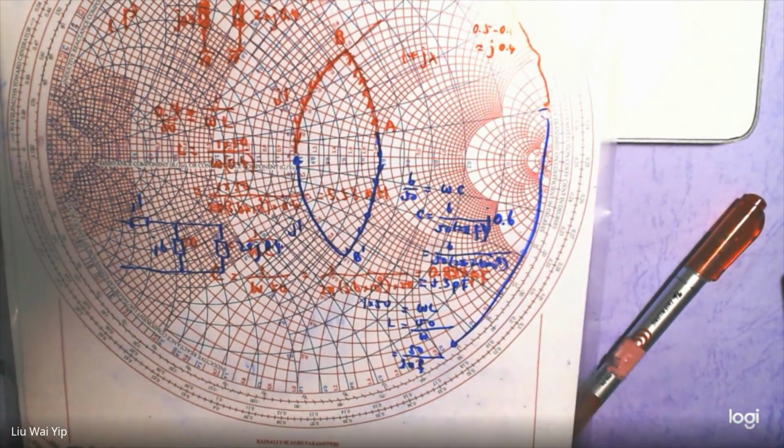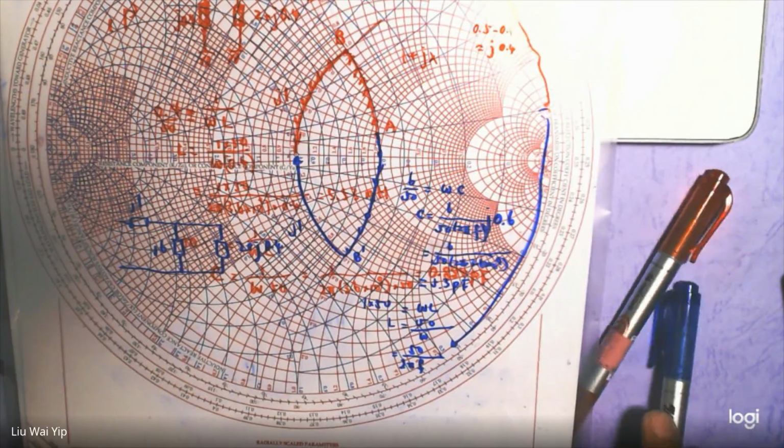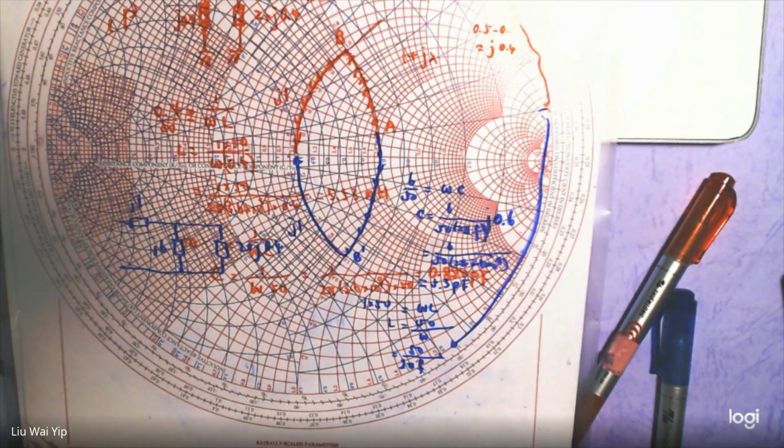Yeah, this is the value. Let's check it. 50 divided by 2 divided by pi and divided by 3.6 and divided by 10 to the power 9. So 2.21 nanohenry.